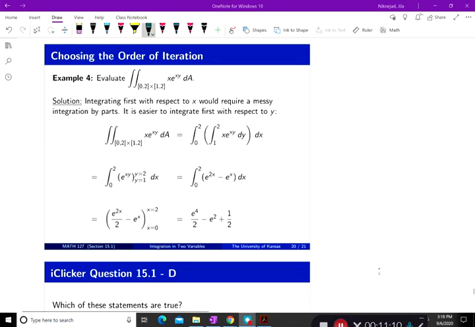For this evaluation, we pick one iteration over the other because the other iteration was getting to be a more and more complicated integral. Then we ended up with one iteration that was pretty simple, and we ended up with e to the power 4 divided by 2 minus e squared plus 1/2.